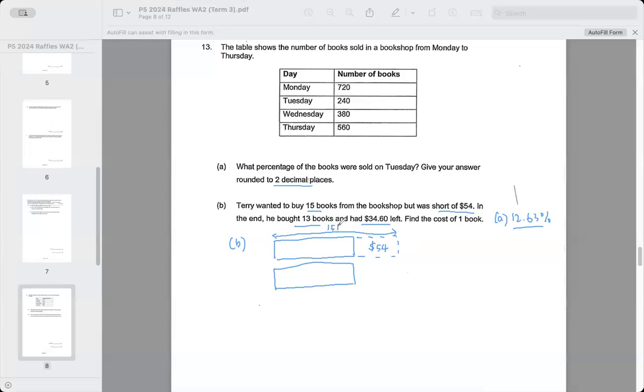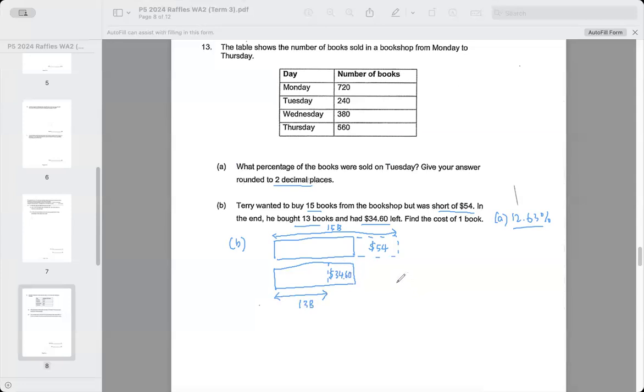So the money that Terry has plus the $54 will be enough to buy 15 books. Second scenario, he bought 13 books and had $34.60 left, meaning he still has money left, $34.60. So this money here is enough to buy the 13 books and still have $34.60 left.